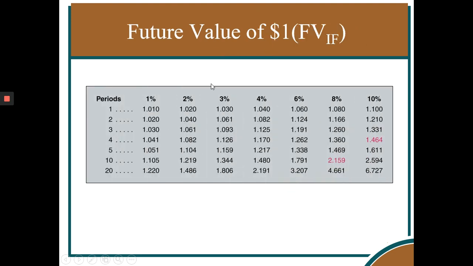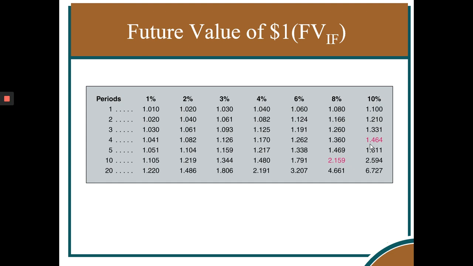Class, if you're using the tables, there are 4 tables as I mentioned earlier: present value single sum, future value single sum, present value annuity, future value annuity. For this question, you'll be using future value single sum. So you look under the interest rate, which is 10%, and n equals 4, so you'll be getting 1.464.